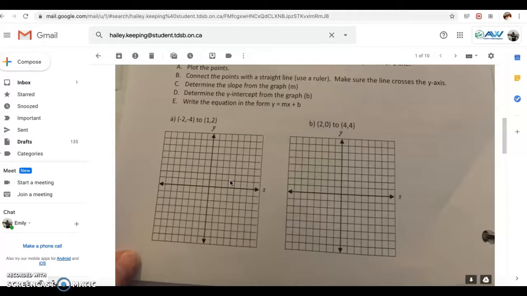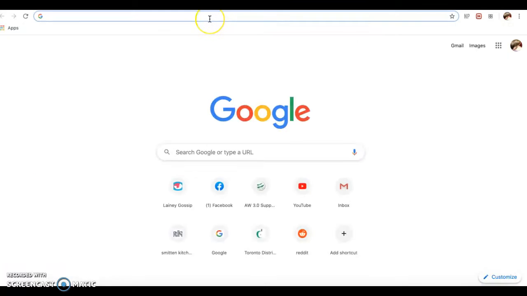Okay, so let's flip back. I'm just going to write down the coordinates of these points. So we've got -2, -4, and 1, 2. You know what? I'm going to graph this on a graphing calculator called Desmos. You could choose to do the same thing if you don't want to do it by hand, just because I don't have nice grid paper to do it on.